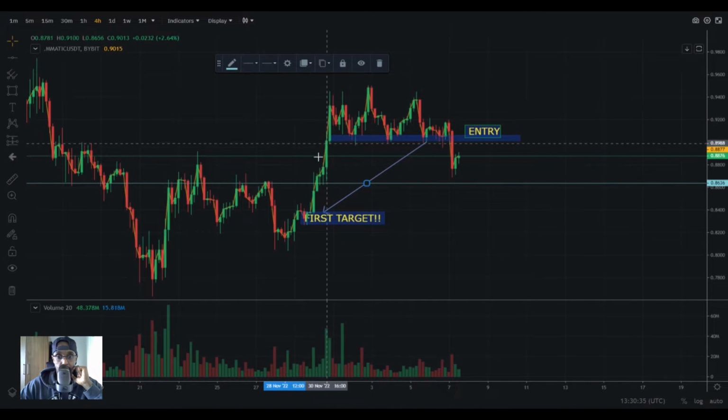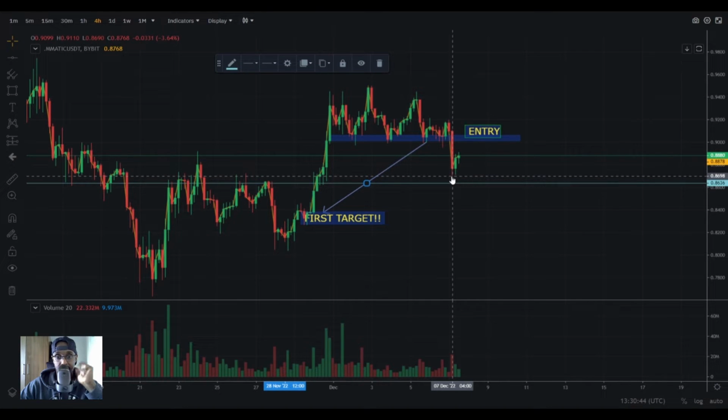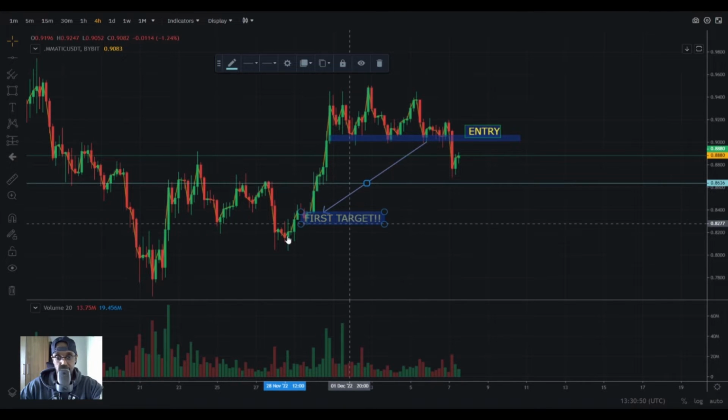As we broke out of it, we came back to retest it before we went back up again, and then we did this price movement, coming down to retest this support line. However, I reckon that we're going to be coming back down to retest my first target, which should be over here.